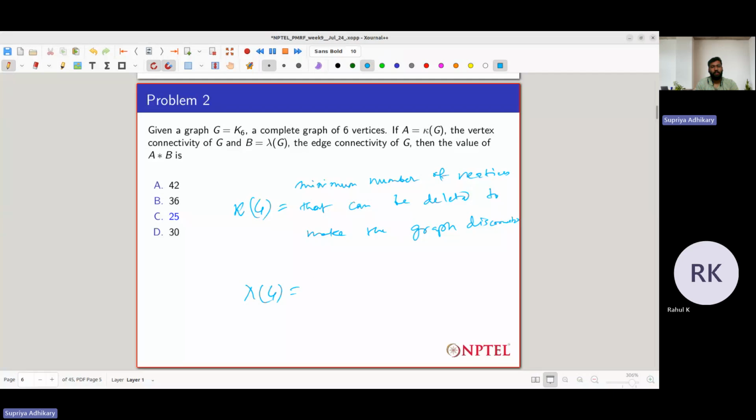That is, again similarly, the minimum number of edges, so instead of vertices, we have the minimum number of edges. So this is the definition of kappa and lambda of G.